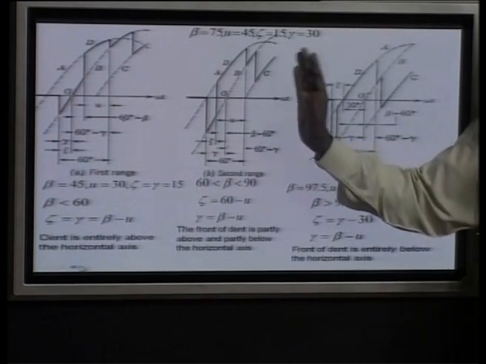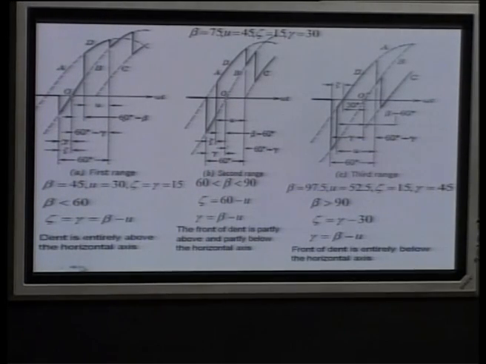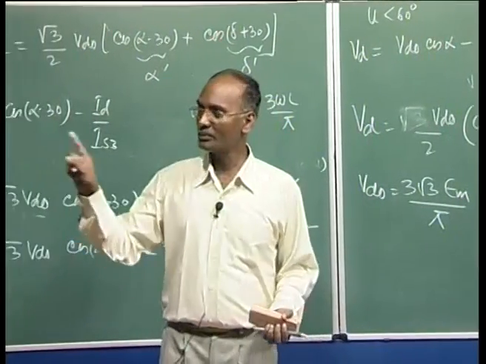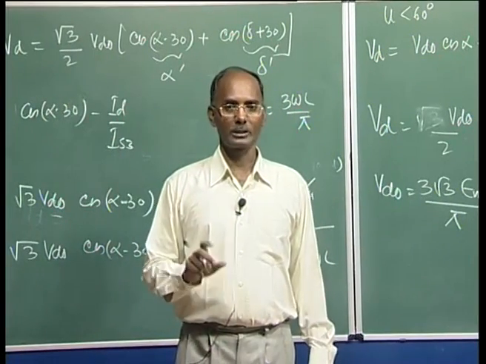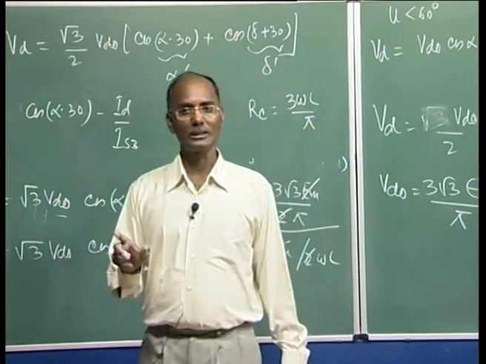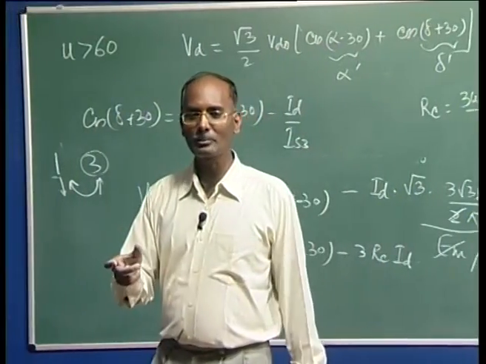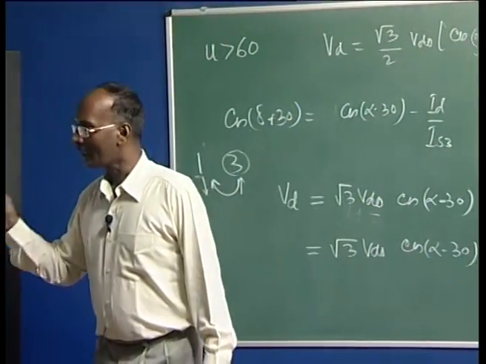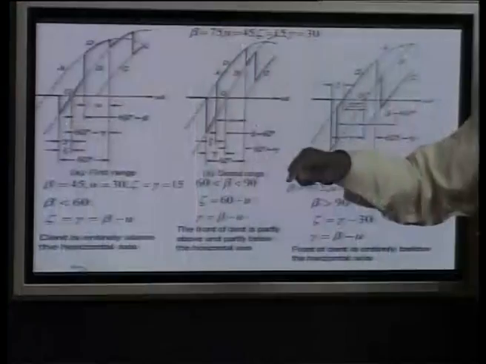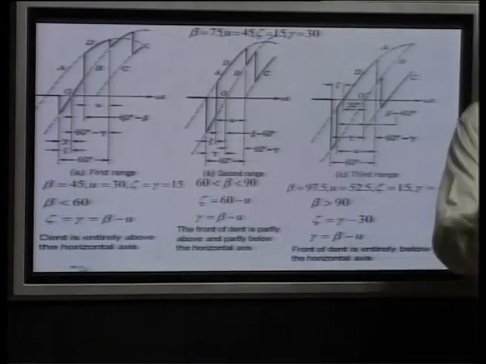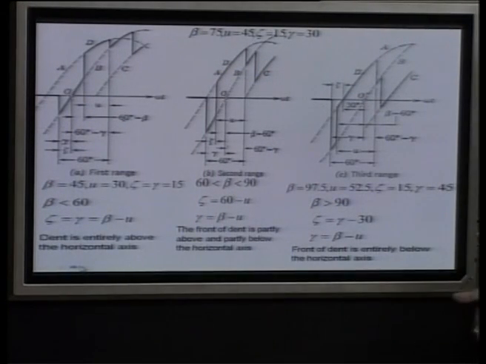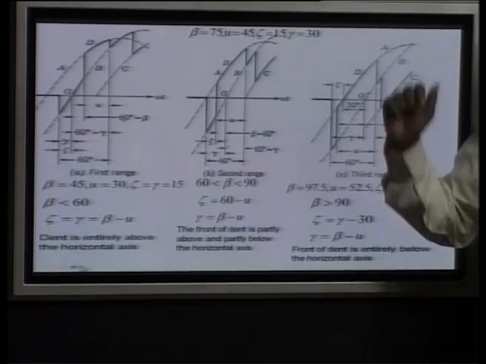These 3 possibilities are there when we are operating with U less than 60. In U greater than 60 these possibilities are not there, because most of the time the valve voltage is 0. Only 3 times it is non-zero, and that was half of this, that is 1.5 times the phasor voltage. So there was no dent; we just saw the wave shape of the valve voltage.